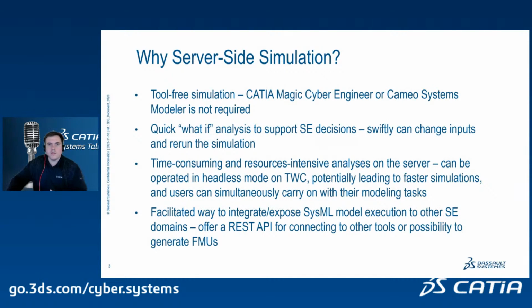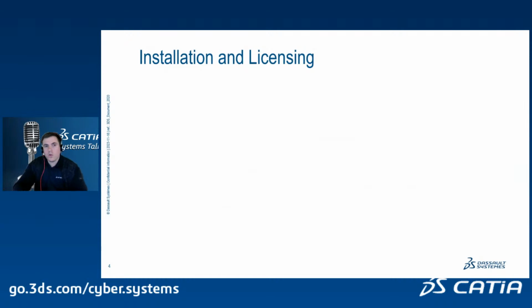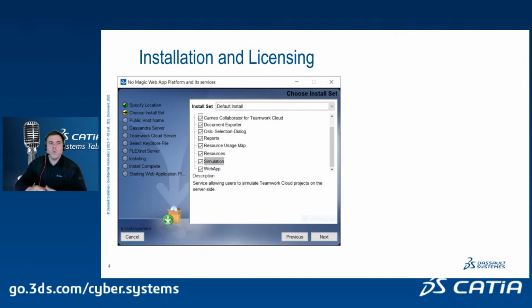Now let's assume that you are sold on this feature and you want to test it. The obvious question you have is, what about the licensing and what about the installation? So let's talk about the installation and licensing right now. If you want to test this feature, as I already told you at the beginning, you will need to have CATIA Magic Collaboration Studio or Teamwork Cloud Server installed.